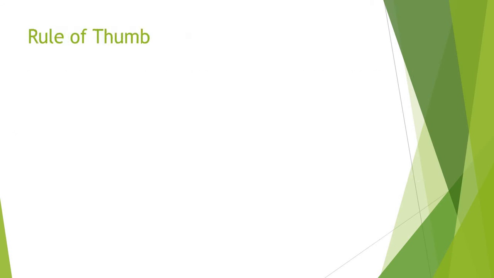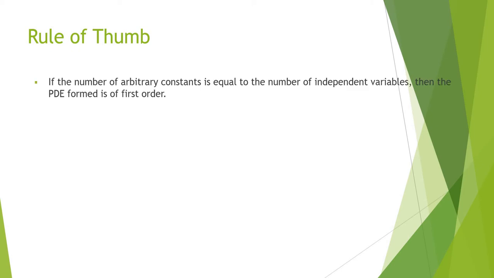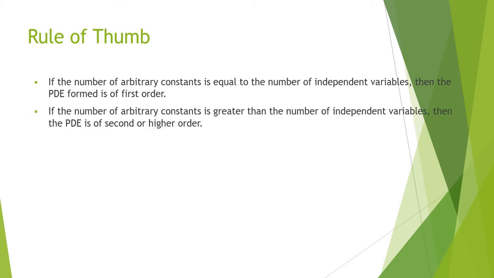Luckily, we have a rule of thumb to figure out what should be the order of a PDE or how many times we should differentiate. If the number of arbitrary constants in the relation is equal to the number of independent variables, then the PDE formed is of first order. If the number of arbitrary constants is greater than the number of independent variables, then the PDE is of second or higher order.